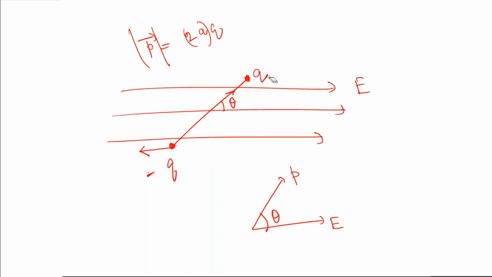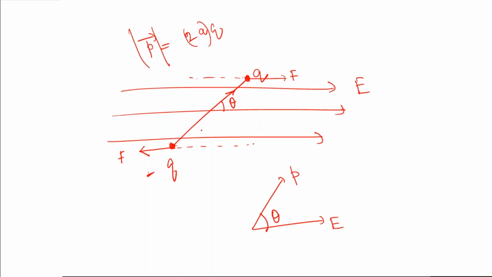They are parallel forces, equal in magnitude, but their line of action is not the same. The line of action for this force will be this way, and this will be this way. So the line of action is not the same.